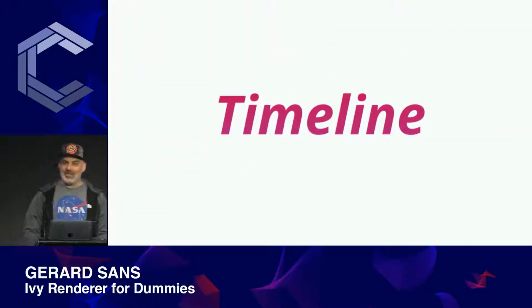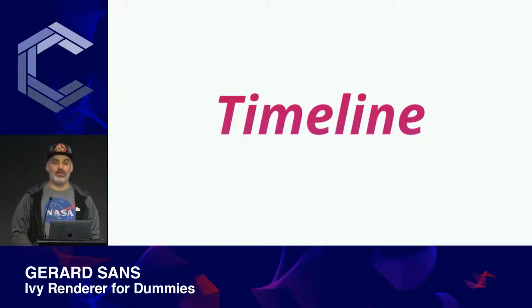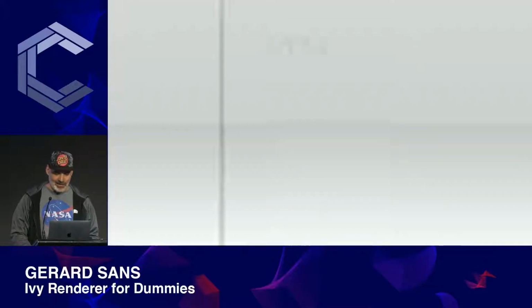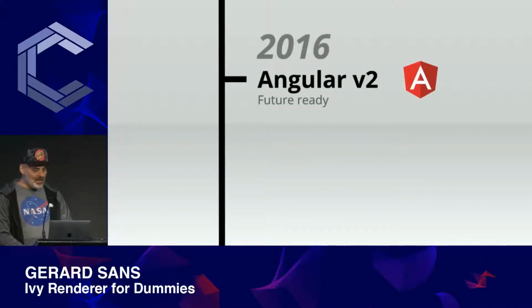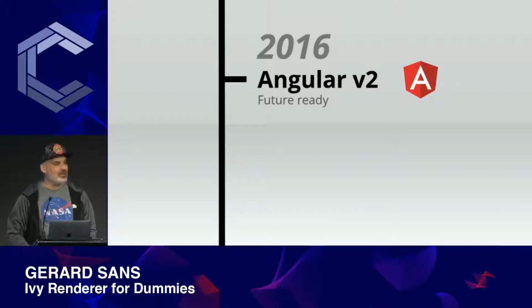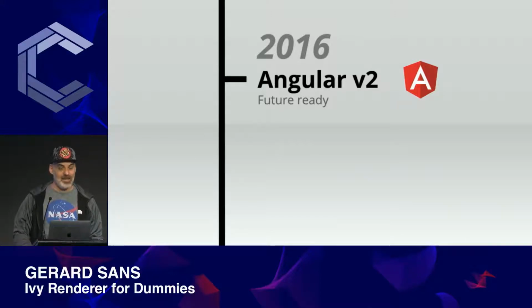Okay, so I'm going to start with a timeline. And this will go back a few versions of Angular. I'm not sure if you have been Angular developers for a long time, but we're going to go back in time, see the good old times using Angular. So this is 2016, and we got the first Angular release. And this was focused around being future ready. And today, we can tell that it has survived time. Maybe we have lost to React.